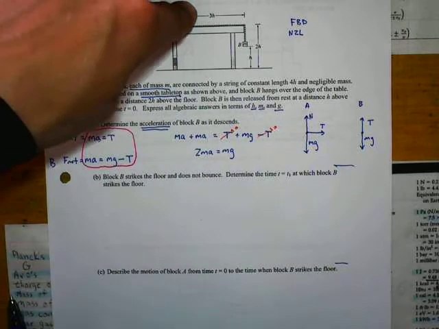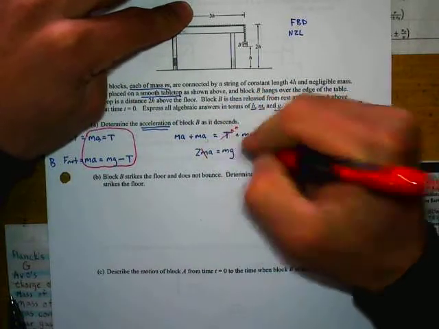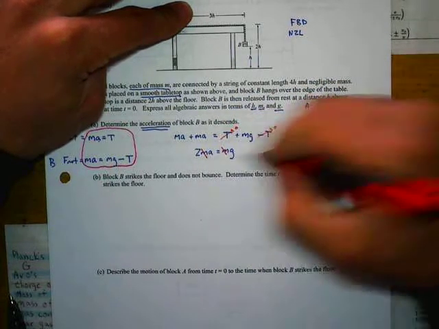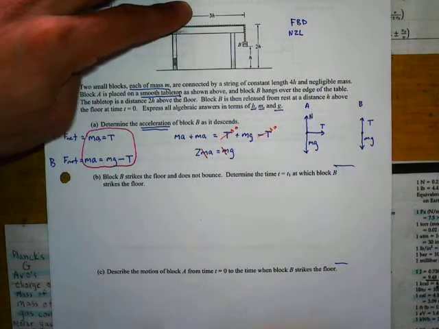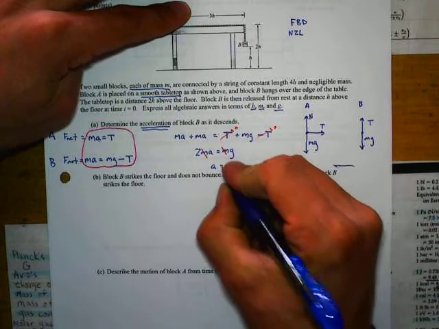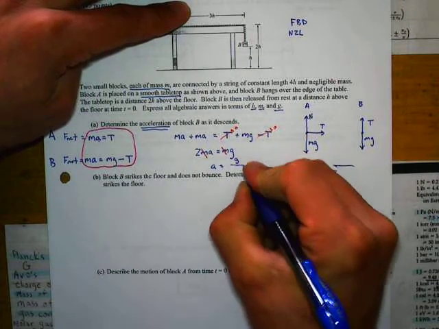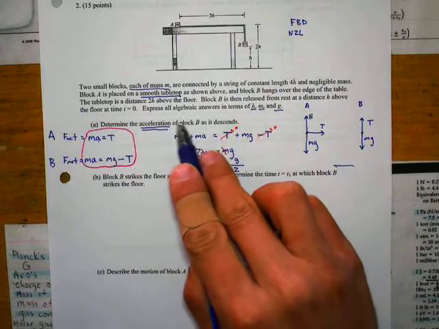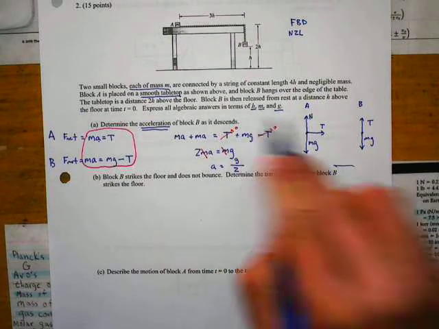And then also very conveniently, in this situation, the m's are going to cancel. So I have 2a equals g, or acceleration equals gravity over 2. So this thing is going to accelerate at half little g. And we're not going to shorten this to 9.8 or to 4.9. The reason why is because they want algebraic answers in these terms.